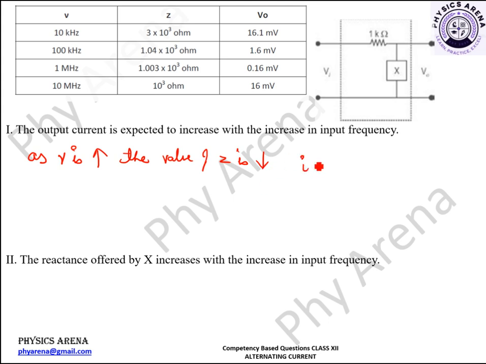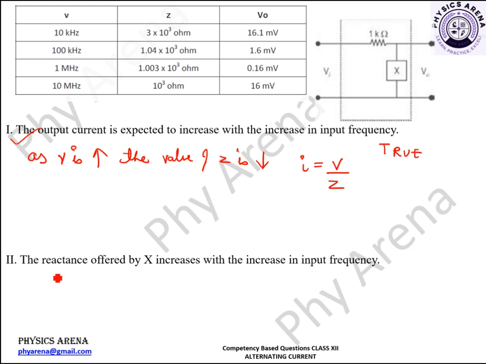And we know that I is equal to V by Z. So when Z is decreasing, I will increase. So this is the correct statement because the impedance offered by the circuit is decreasing with increase in frequency, hence the current will increase. So this statement is true.